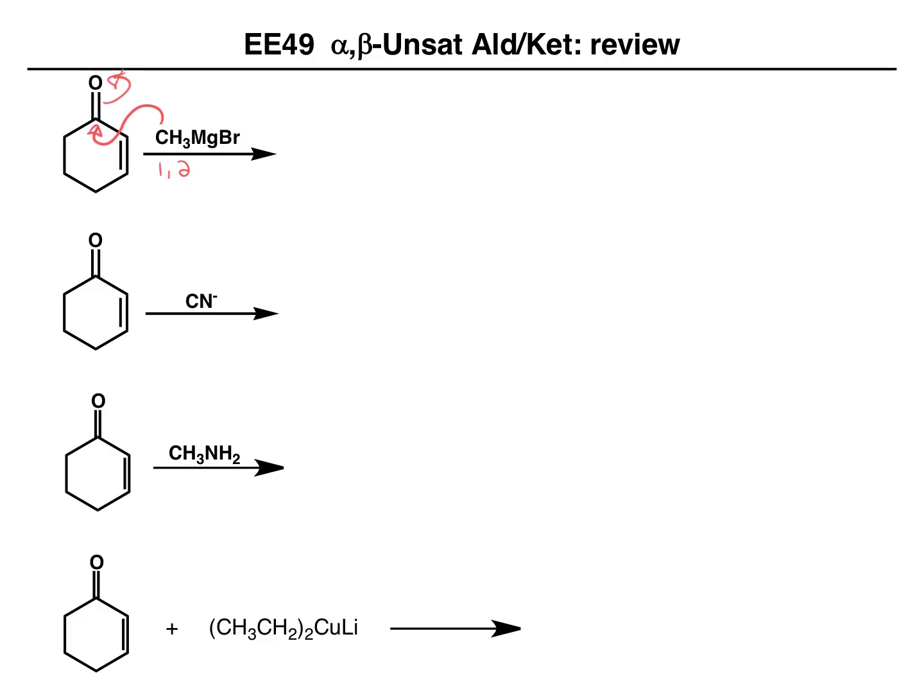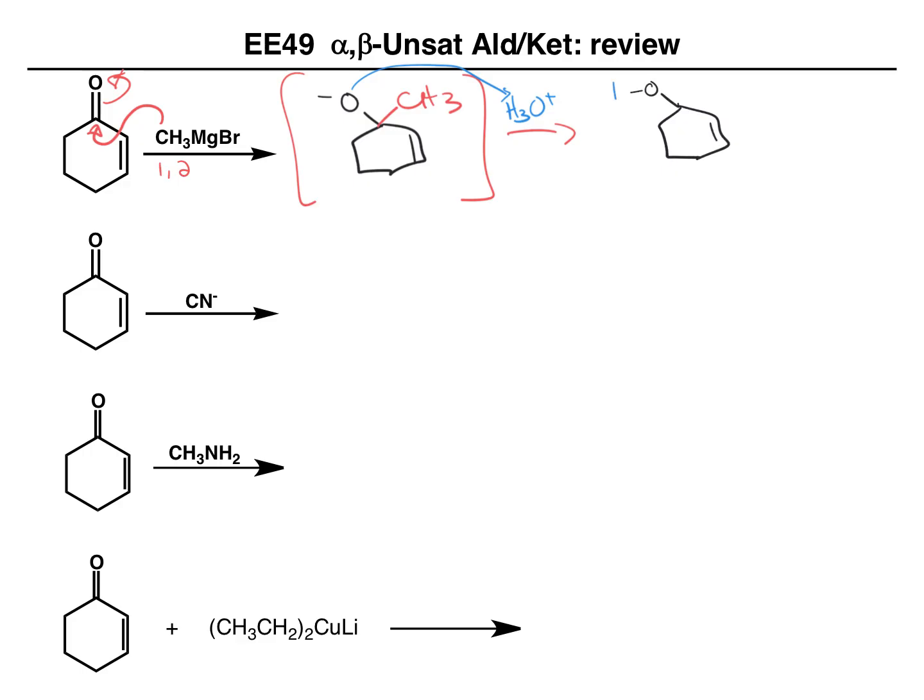We will have as an intermediate something that looks like this. And then on aqueous acid workup, this O- can grab a proton, and we end up with this. So it is the 1,2 addition product.